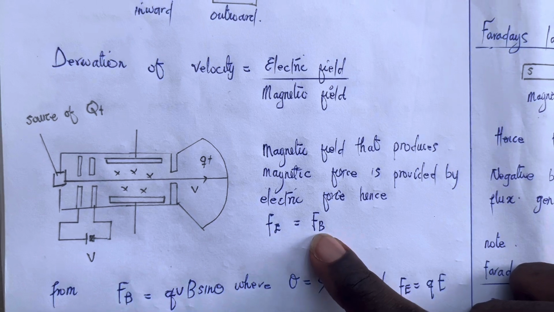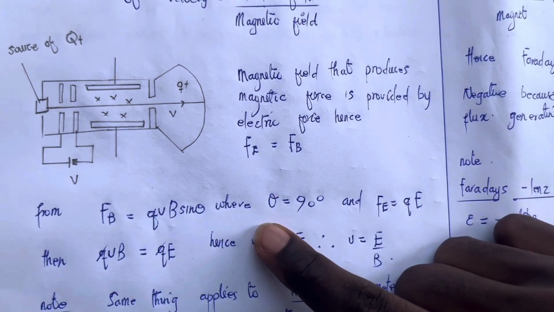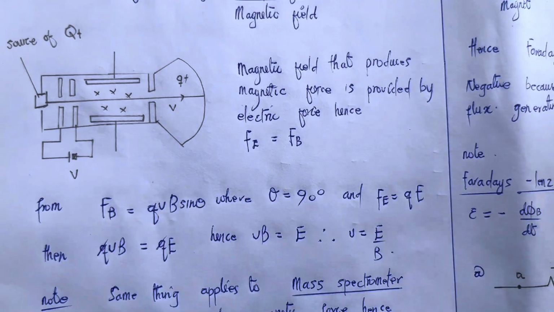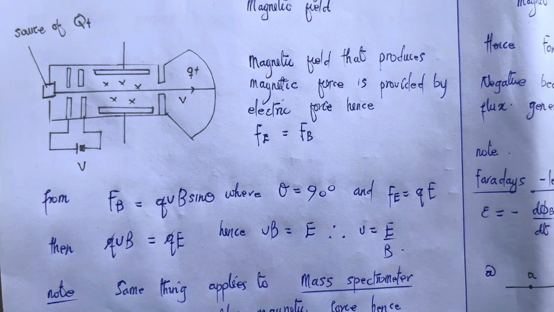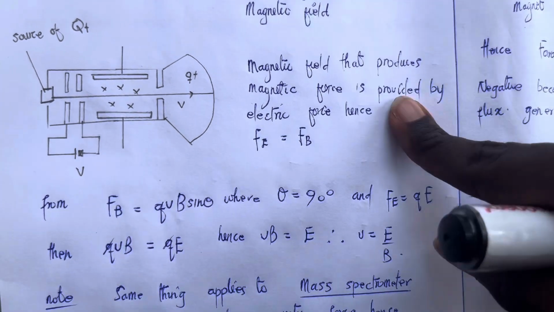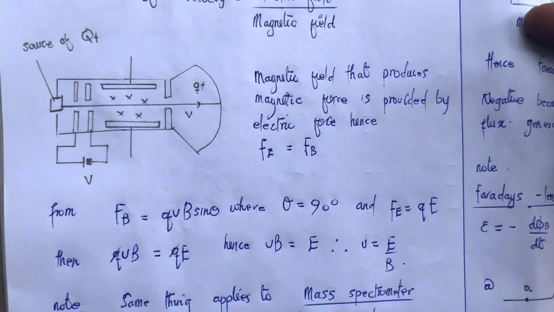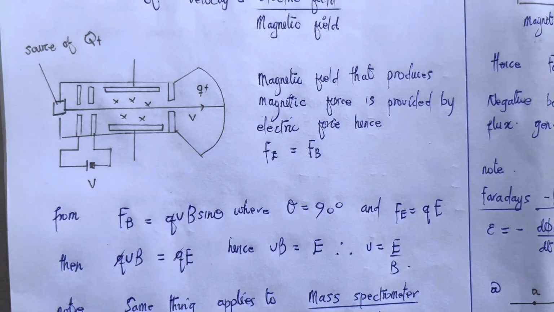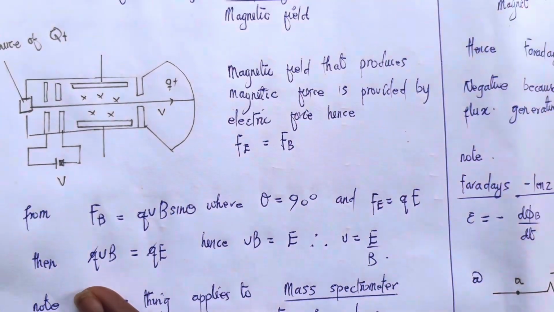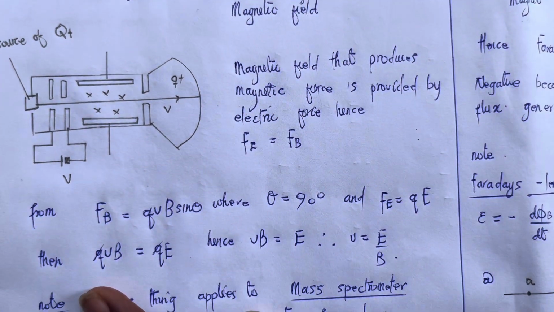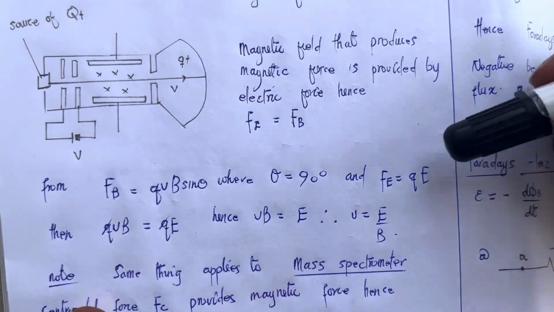From our previous lessons, Fb is equal to the charge times the velocity times the magnetic field, times sine theta. If theta is equal to 90, then sine 90 is 1, so we get a general equation Fb is equal to QVB.